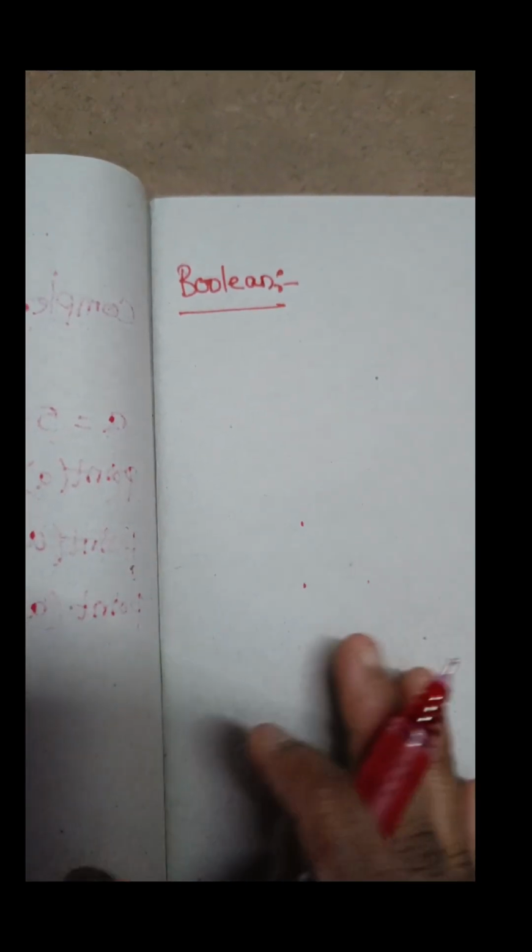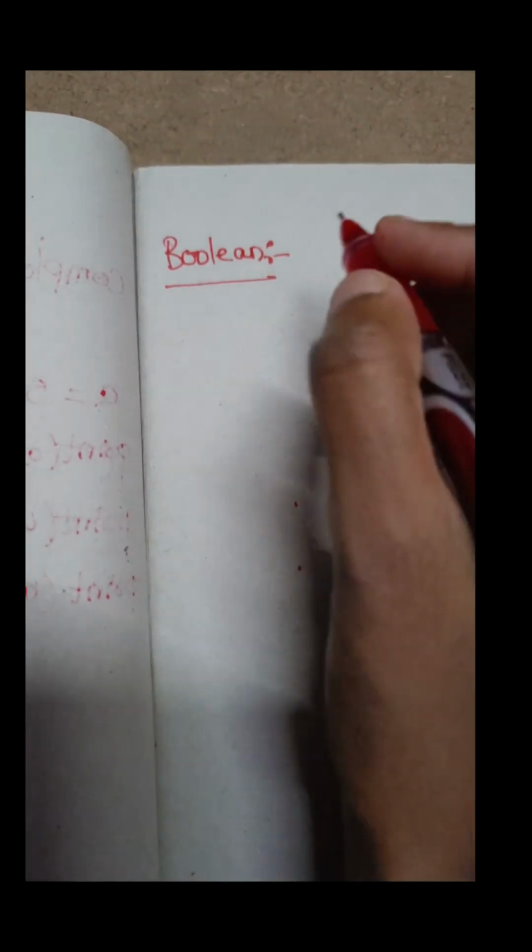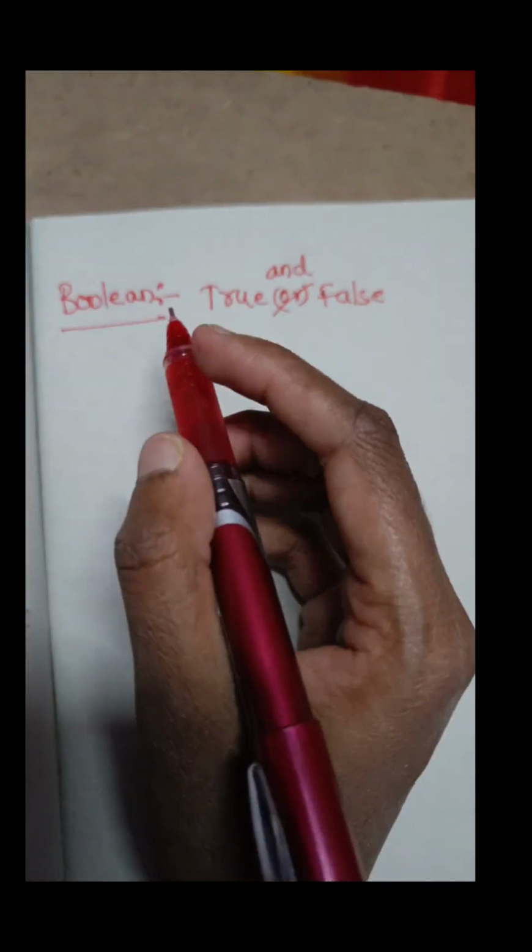In this video I am going to explain you the Python data type, that is Boolean. Okay, so we will use this data type to represent Boolean values. So Boolean values are nothing but true and false. Okay, true and false. Now let us see some different examples based on this.